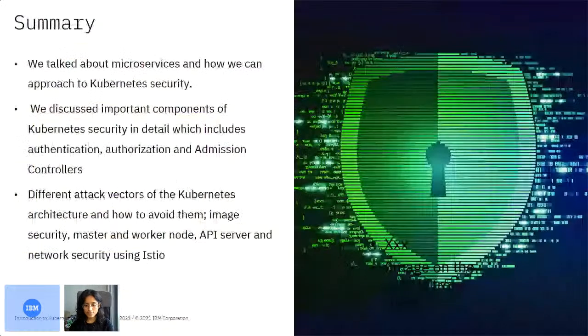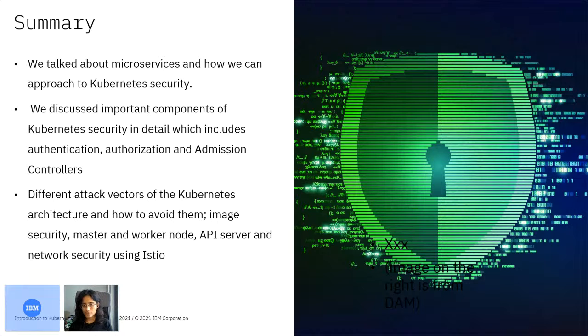Okay, so let me summarize everything. We talked about microservices and how to approach Kubernetes security. Naira also discussed the important components of Kubernetes security in detail: authentication, authorization, and admission controllers. She talked about webhooks and all of these things in detail.